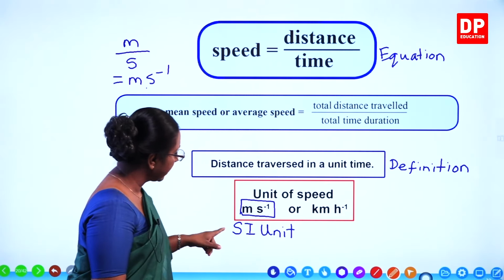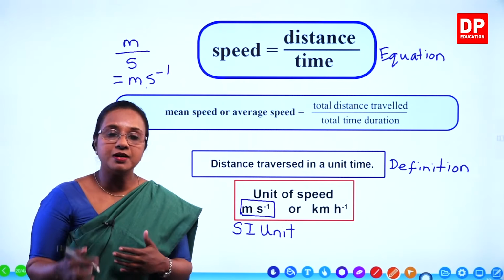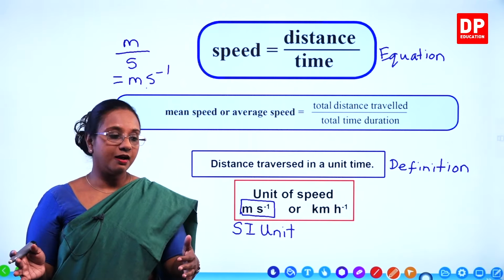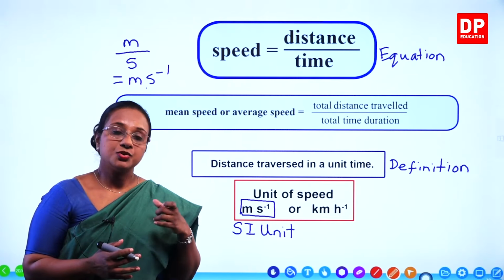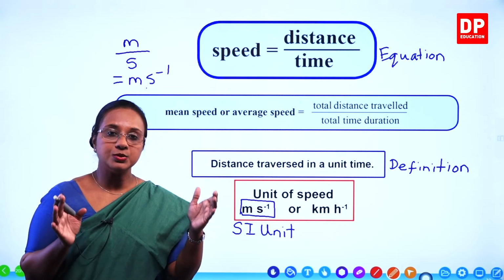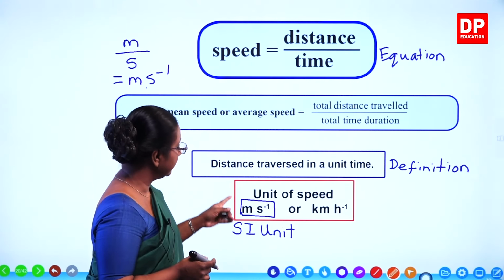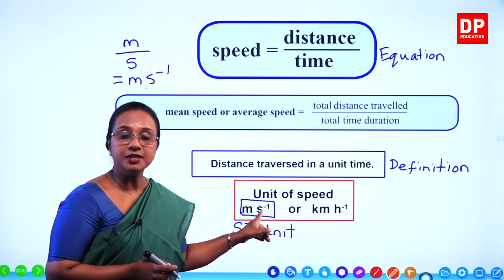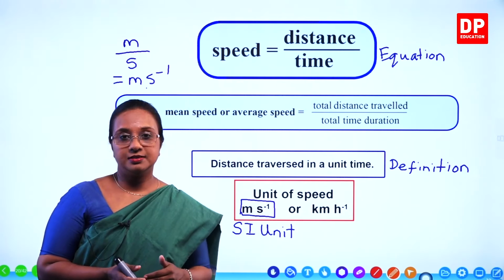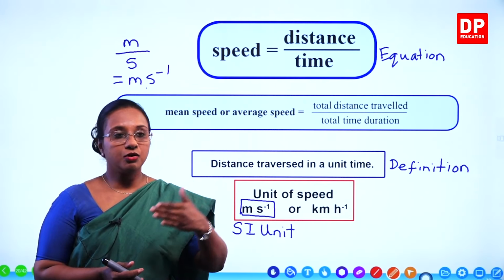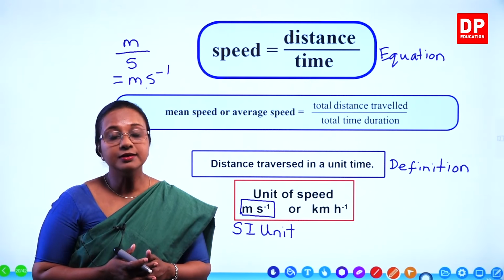And also there is an application. If you take an athlete or a person doing a fast walk, usually they cover only a comparatively short distance. So then their travel time is in seconds, and we can easily calculate the speed in meters per second. But if you are traveling from one city to another, say Colombo to Kandy or Galle to Nuwara, then it's a very long distance.